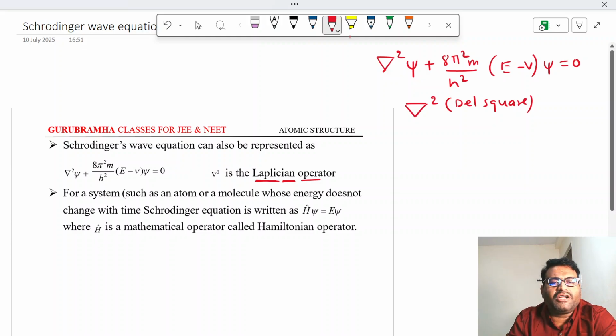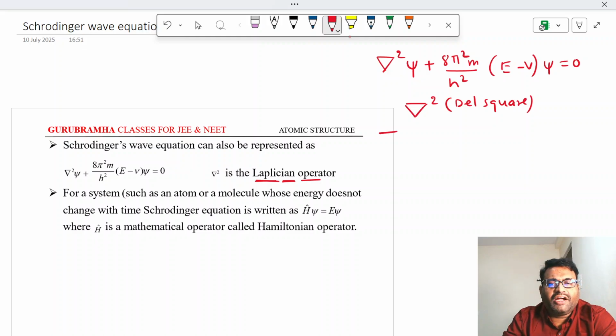All those are mathematical operators. In that way, the Laplacian operator is also one of them. So in this way also we can represent the Schrodinger wave equation.